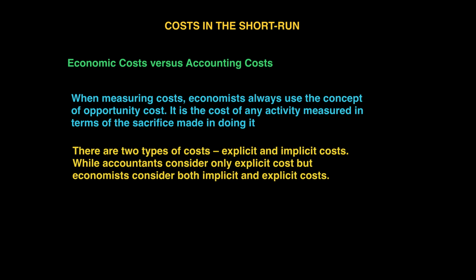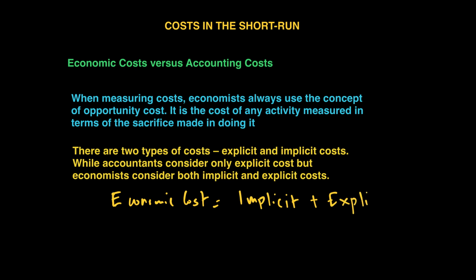And therefore, when you look at economic cost, we say economic cost is simply implicit plus explicit cost. So let me write this: implicit plus explicit cost. So what is explicit cost versus what is implicit cost, and why does an accountant fail to consider implicit cost but consider only explicit cost?